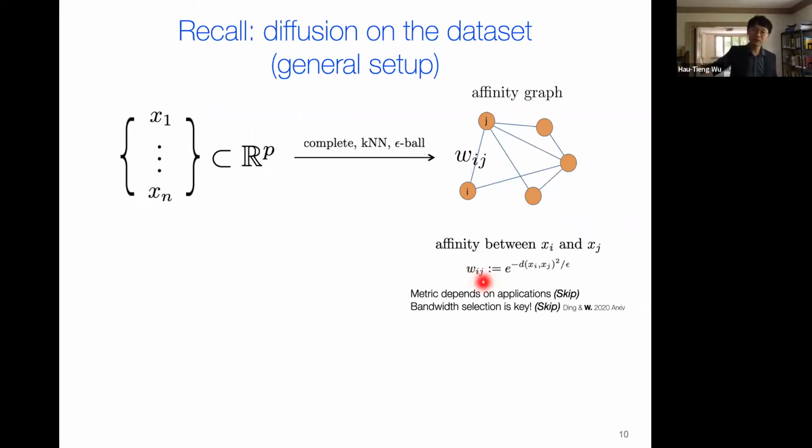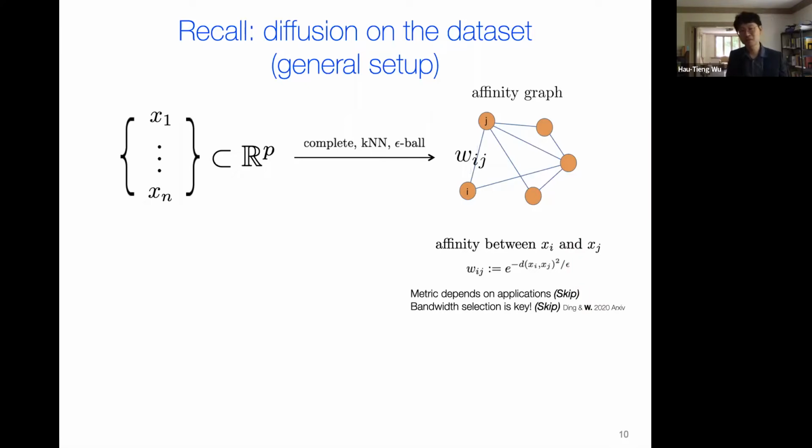There will be some quantities you need to pay attention to. First one is D, the metric. How to design the metric? That is, at least to me, the key of everything. But as I mentioned, I will not go into details about this because the metric we use will depend on recovering the underlying space. So I'll skip this part. Second is how to choose epsilon, the bandwidth.